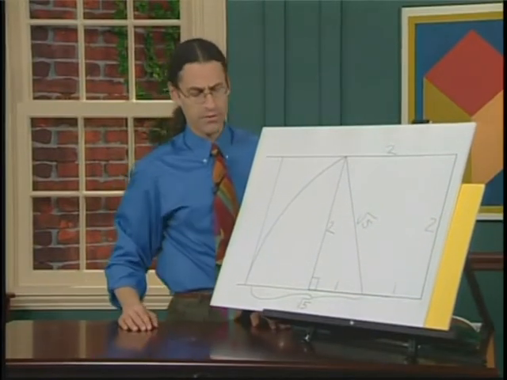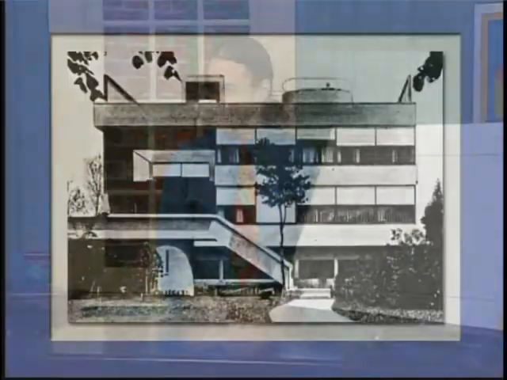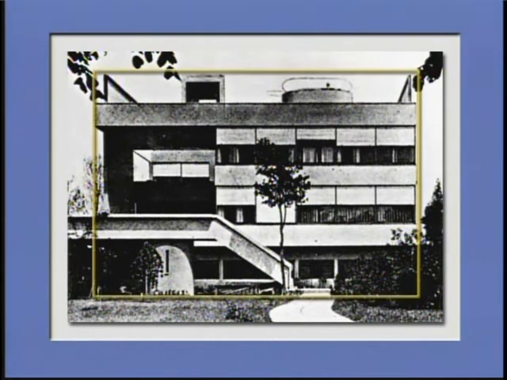I also want us to think about the golden rectangle in another example that we saw in architecture in the French villa designed by Le Corbusier. And the image that you're seeing right now is, in fact, of that French villa. And remember that if we put a large rectangle around the villa, including the topmost parts of the chimney and the roof, what you see, in fact, is a perfect golden rectangle.